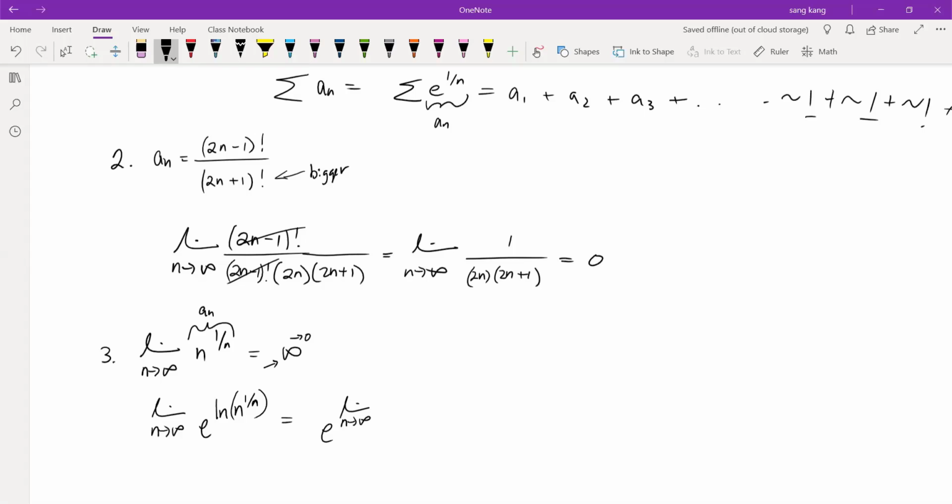This exponent here can come out front of the ln, right? That's one of the properties of natural logarithms. So we can have 1 over n times ln of n. And if we apply the limit to this, we have infinity over infinity. This is a case where we can use L'Hopital's rule.